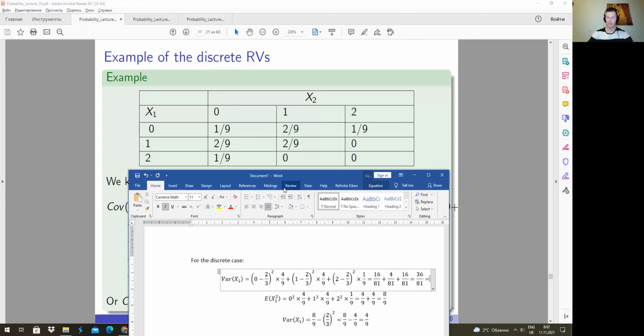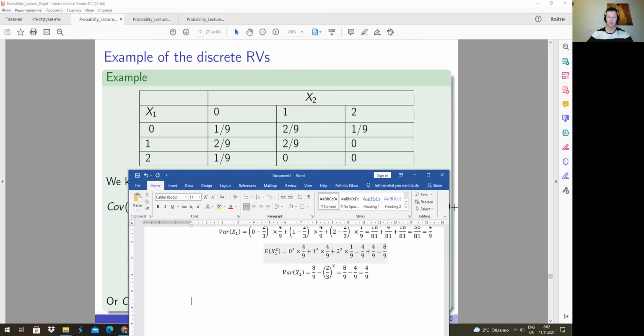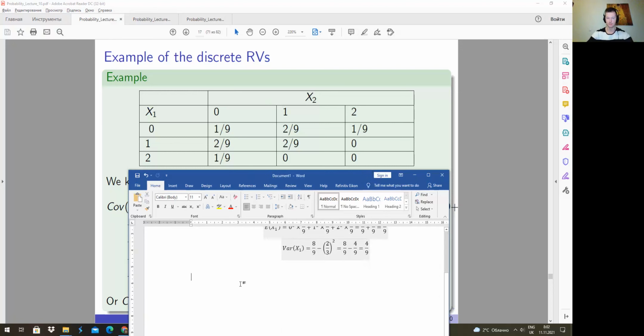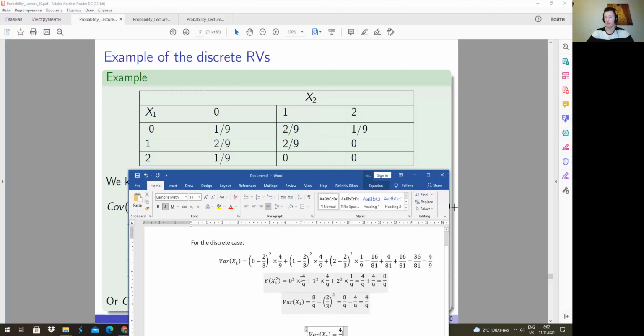Yeah, I think that we are able to simplify this also. So when we divide 36 and 81 by 9, we have exactly 4 over 9. So you see that both ways are possible. And since we have the same marginal distribution for x2, basically no need to calculate the variance of x2, they are the same. So the variance of x2 is the same, 4 over 9. So all the numbers are similar.